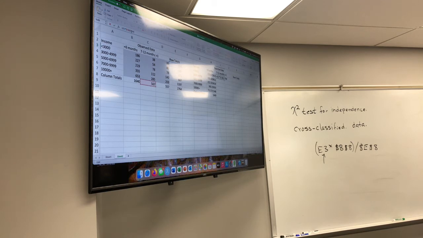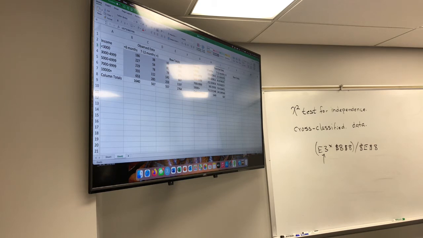Doesn't really matter. It'll all do the same thing. When you copy that down, that column should sum to 567. So here, I've done the same formula, just with numbers instead of the cell references.